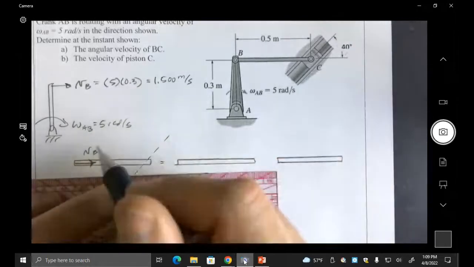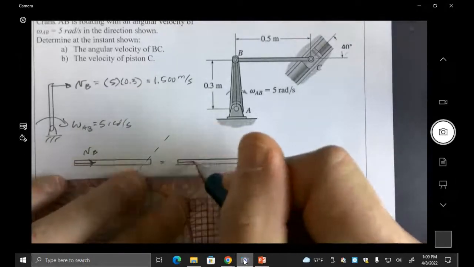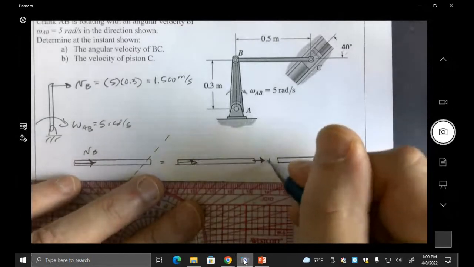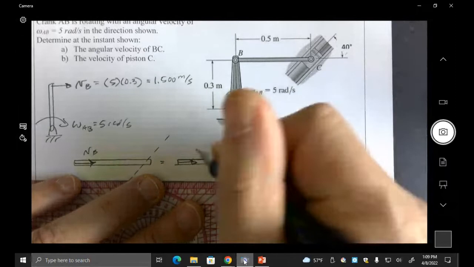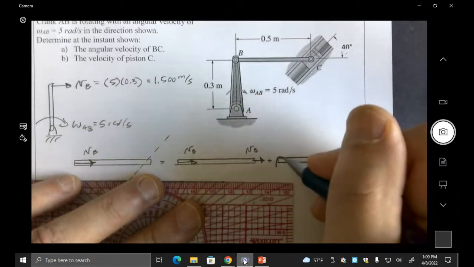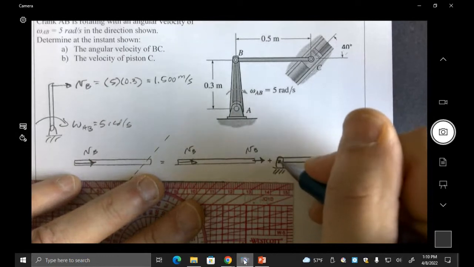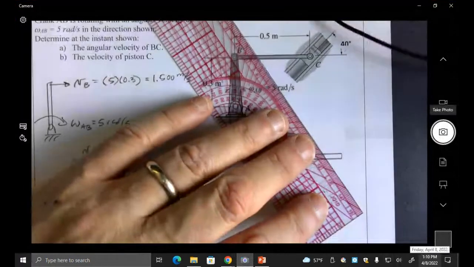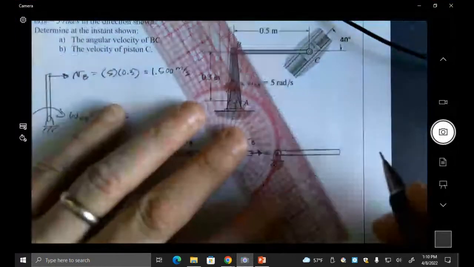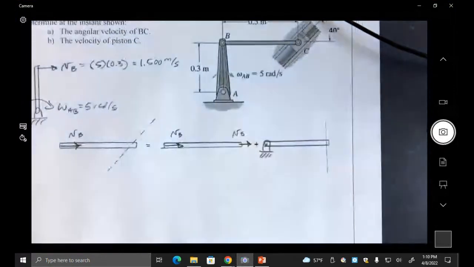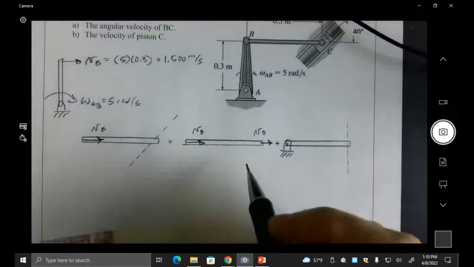We're going to place the known velocity at both locations here. It's a little crowded up here. Okay, and have that relative velocity like this right here.